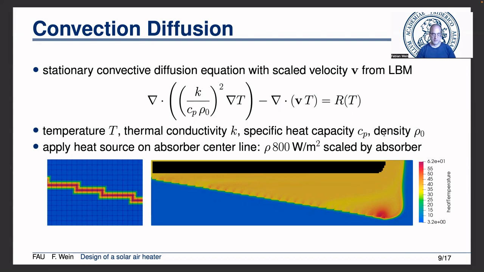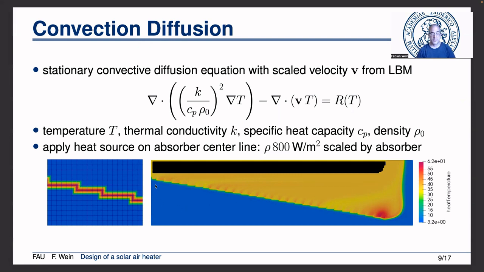I have an inhomogeneous Dirichlet boundary condition for the temperature on the inflow, and we also have the right-hand side source at the absorber, the nodal right-hand side, which we scale effectively by the density of our absorber. The thicker the absorber, the more material we have, the more we can absorb heat. The less absorber we have, the less heat we can absorb.